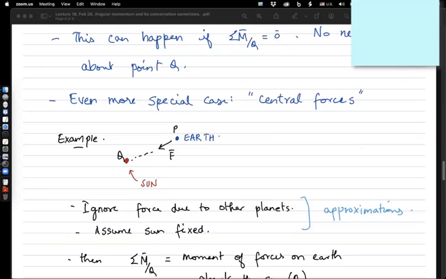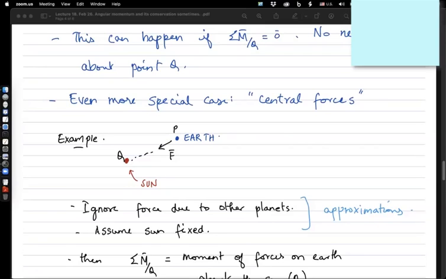These are approximations because the forces are there from the other planets, and the sun can move relative to the Earth and other planets in the inertial frame. But for now, we are going to assume the sun to be fixed and the forces from the other planets to be equal to 0.